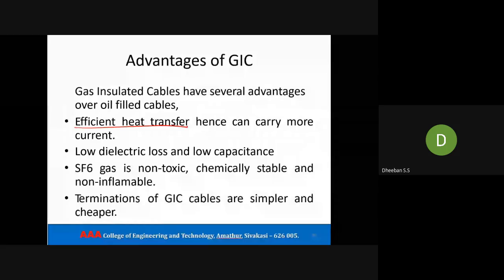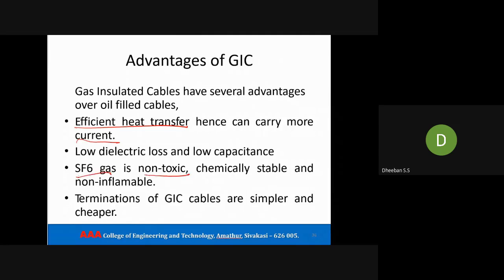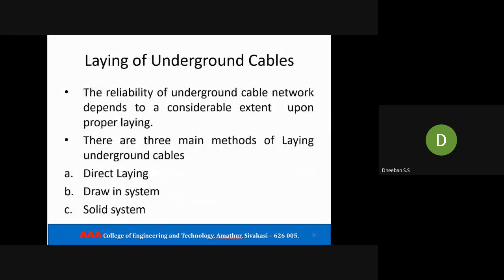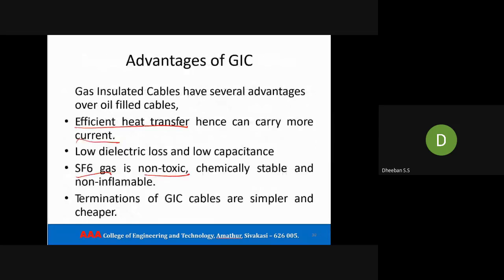There is efficient heat transfer, hence it can carry a greater amount of current. SF6 is non-toxic. So this is with respect to your GIC. These are the different types of your cables.